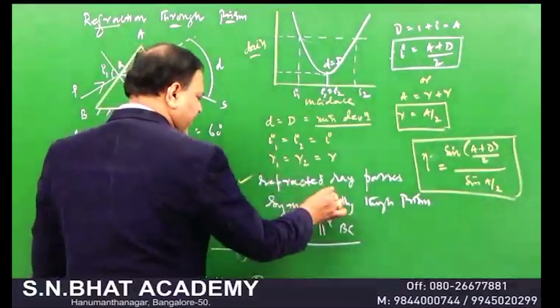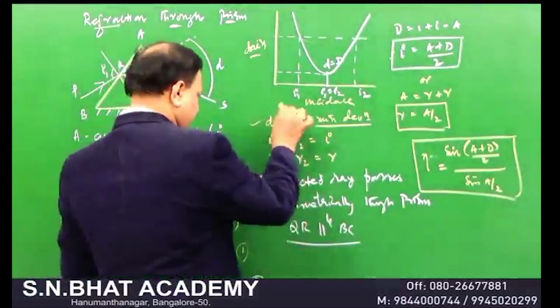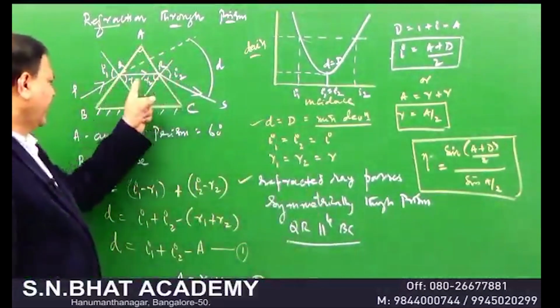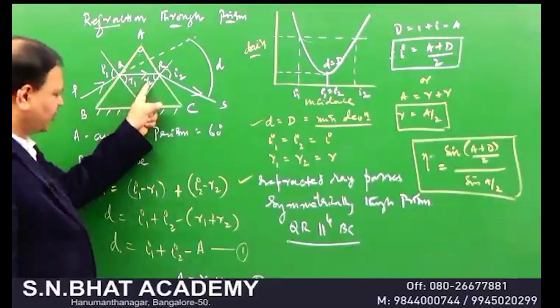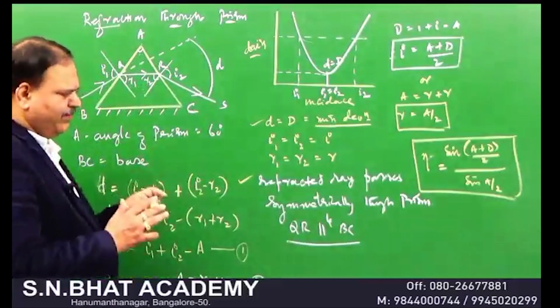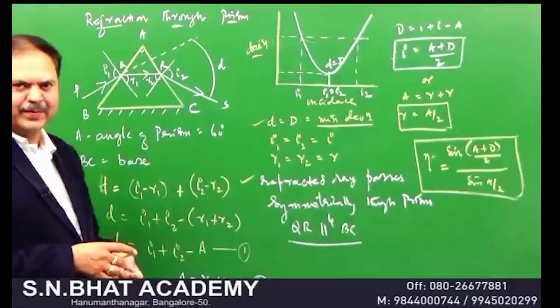This is under the minimum deviation condition. If this is 30 degree, this is also 30. If it is 20, this is also 20, only in the minimum deviation condition. You remember these many aspects in the refraction through the prism.